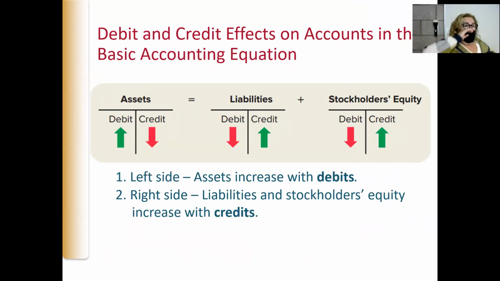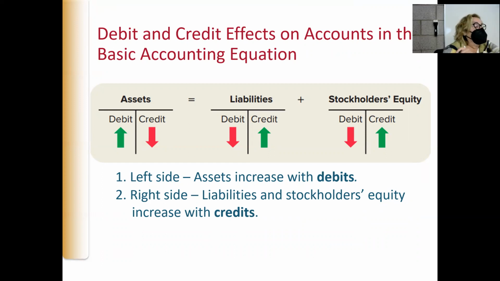Remember our accounting equation, how assets are on the left side of the equal sign, and liabilities and stockholders' equity are on the right of the equal sign. Assets, to increase them, you debit them because debits are on the left. Got it? For liabilities and stockholders' equity, to increase them, you credit them.